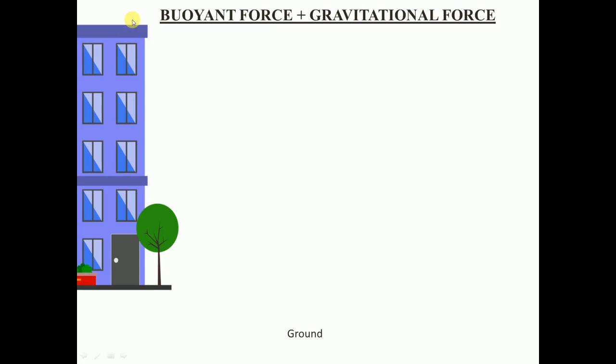Now you have three objects: a feather, which is lightest in weight, a pencil, which is heavier as compared to your feather, and next a stone. Stone is heavier than pencil. So you have three objects: feather, pencil and a stone.